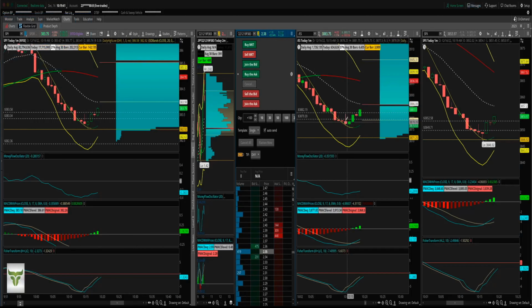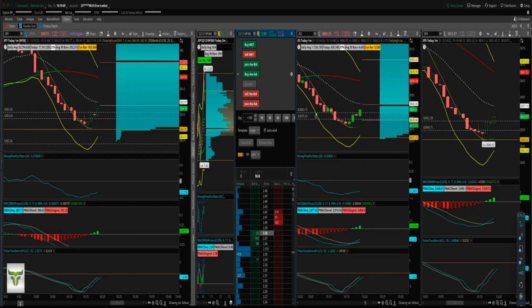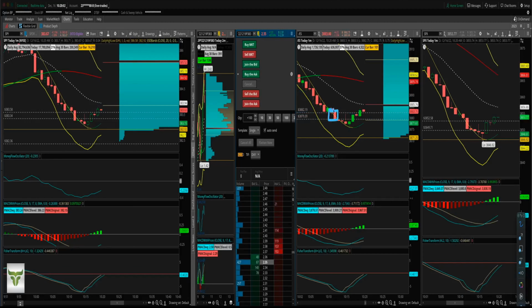So it broke that support and resistance level right there, 38.79. And you saw how I drew out my next resistance, 38.82, because of this candle. This is the last big major red candle right here.